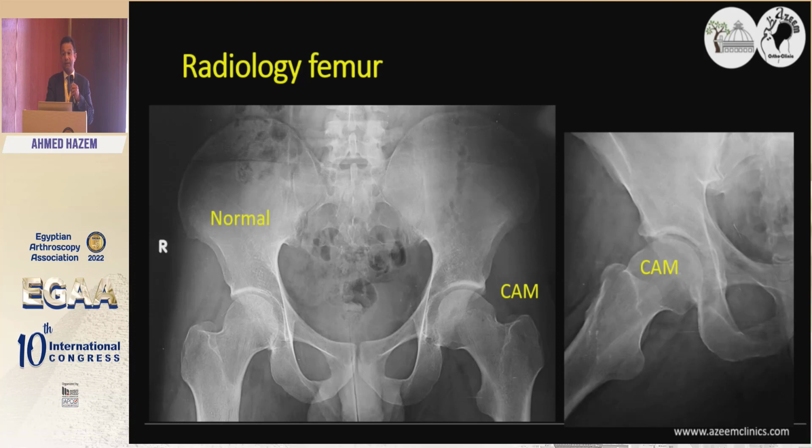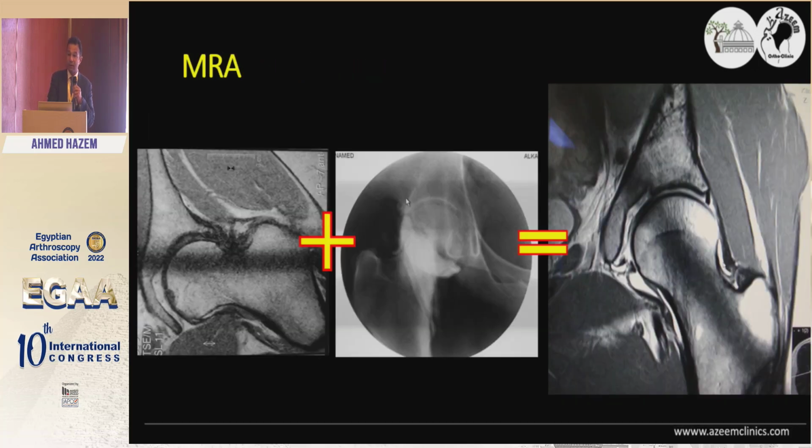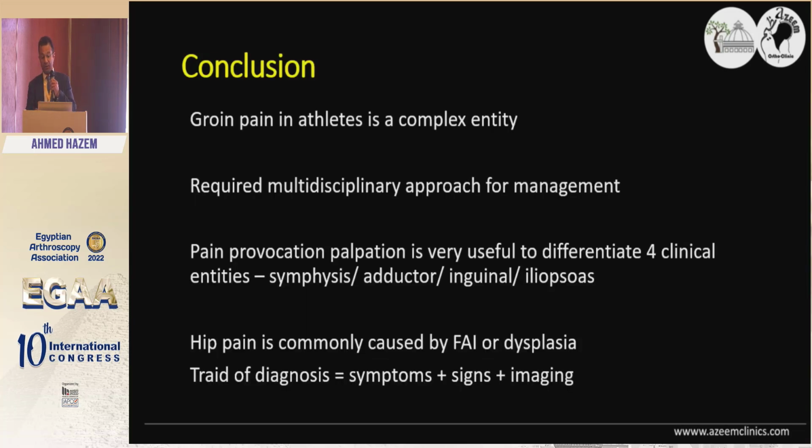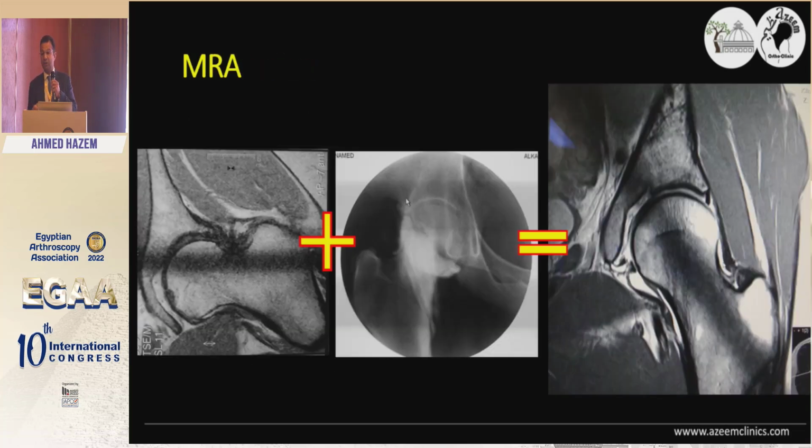In the radiographic findings, you have to look for the alpha angle increase in the AP view or the lateral view, typical of CAM deformity. The most diagnostic method is to do an MR arthrography, a combined special sequence of radial oblique sequence together with an injection of a dye to fill the defects, to show you if you have a chondral delamination or a labral tear.